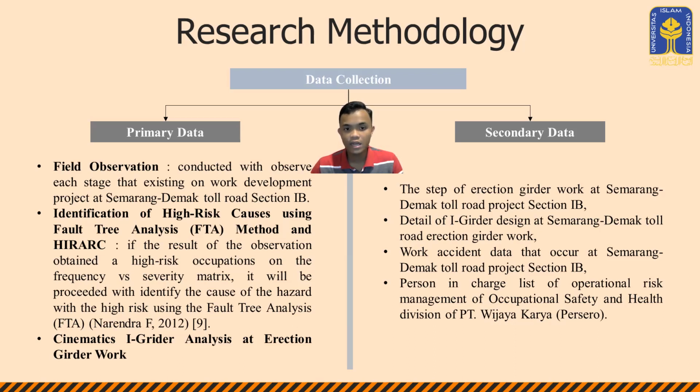The last one for the primary data is the kinematics girder analysis at Erection Girder work. For the secondary data, we will collect the steps of Erection Girder work, the detail of girder design, and the work accident data. And the last one is the person in charge list of operational risk management from PT Wijaya Karya Persero.